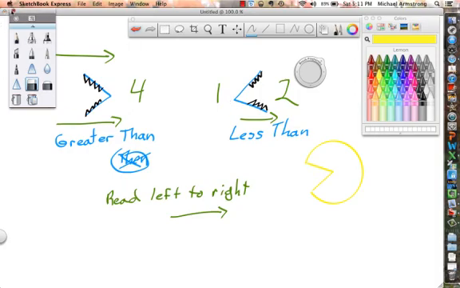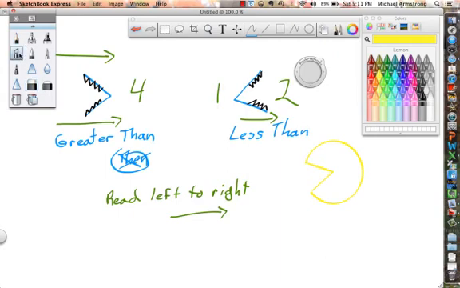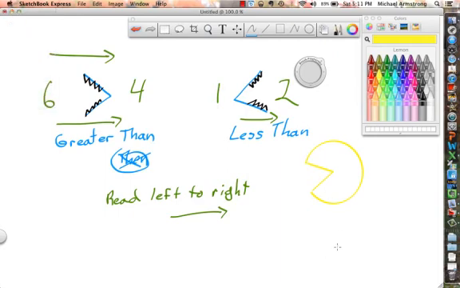So if you like Pac-Man, you can do it that way. If you don't, that's fine too. Let's see, go back to this guy. All right. So we always eat the bigger number. And that's how you tell.